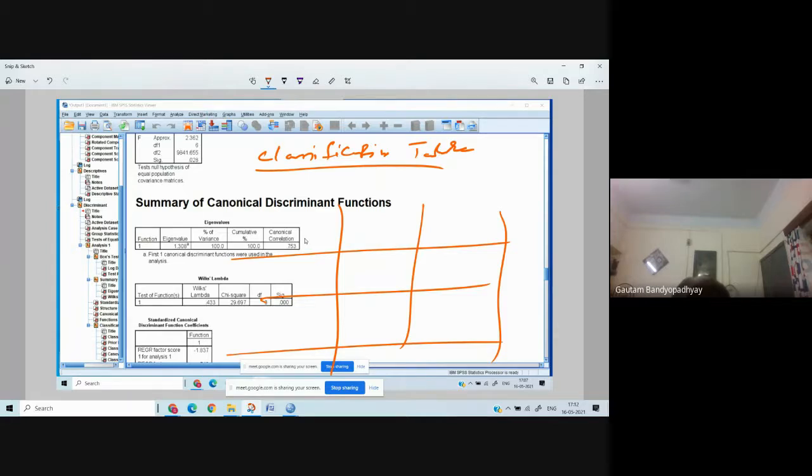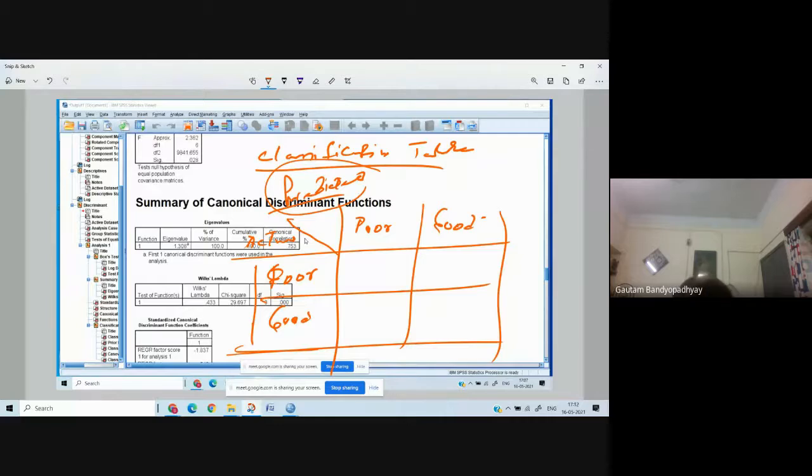Classification table means based on actual and predicted, where predicted means on the basis of some model, a discriminant model, basically a regression model. Actual means there are two groups, poor and good. Similarly, predicted also has poor and good.